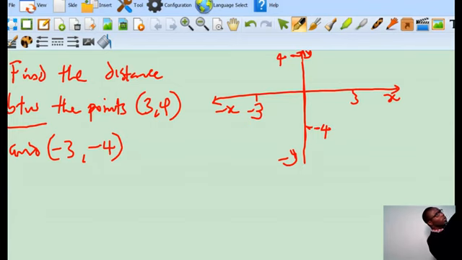Now, this is the coordinate system, and let us locate the point (3, 4). This is the first point, and (-3, -4) is the second point. Having known the 2 points, you can find the distance between them.